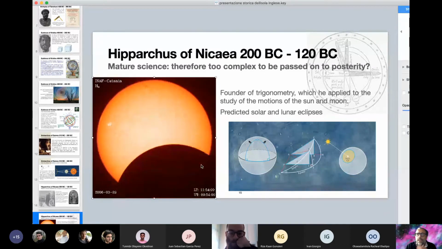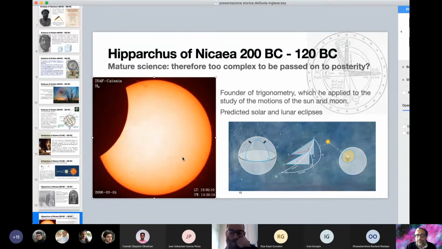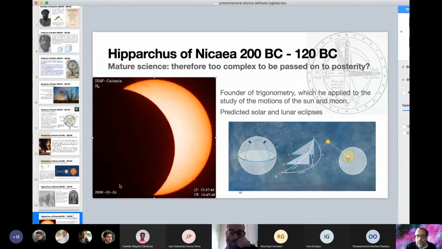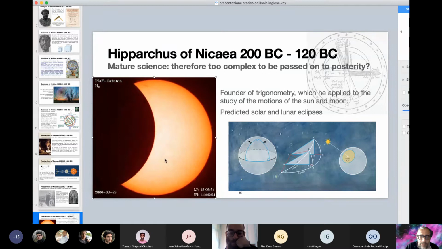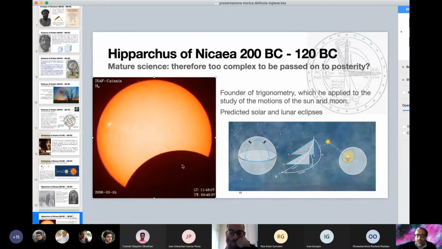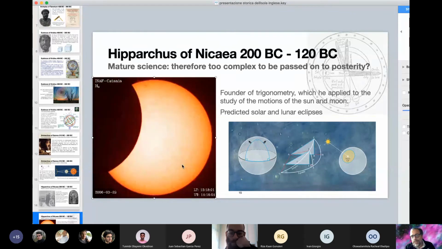In this way, you can calculate the radius of the circle of the trajectory of the moon around the Earth.